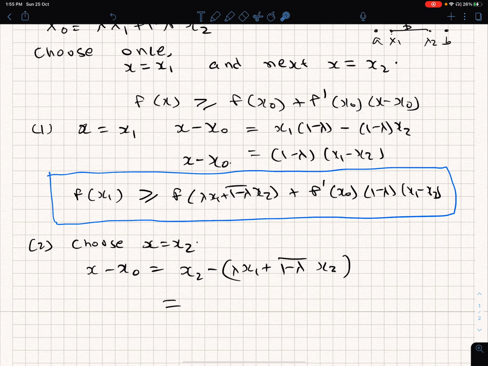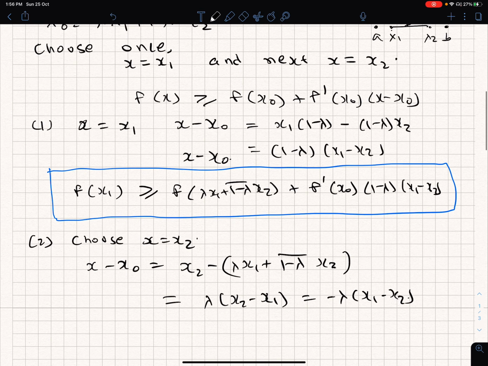This minus will become minus and minus will become plus. So you are going to get this as lambda of x2 minus x1, or minus lambda of x1 minus x2.